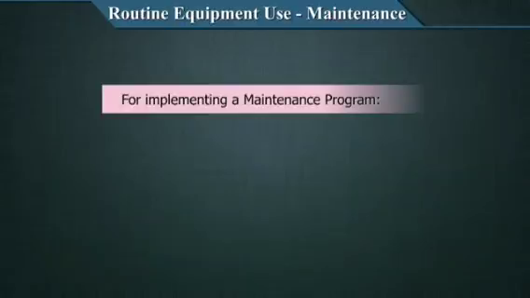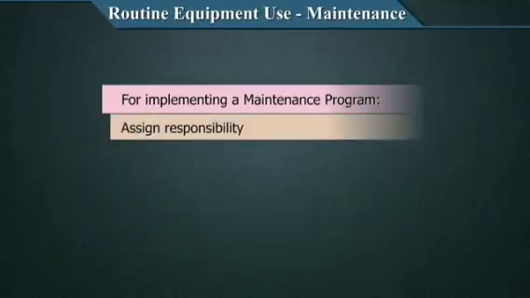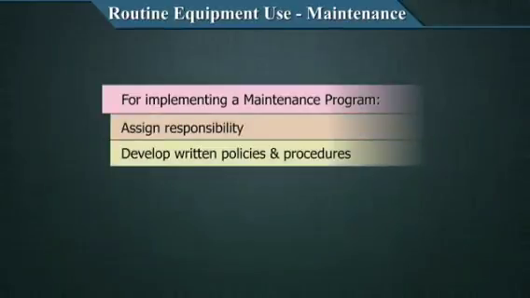Now that we have a plan for maintenance, you have to implement the plan. This is again a very important step. Making the plan is not enough; the implementation should be done. So, establishing a plan is the first part, and implementing it is the next and key step for the maintenance qualification, for which you have to assign responsibilities and develop written policies and procedures.